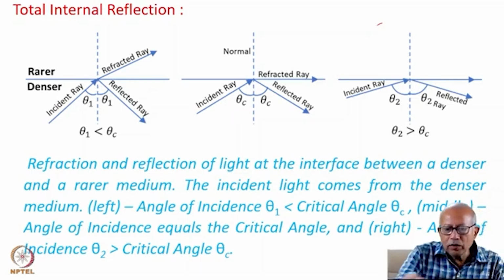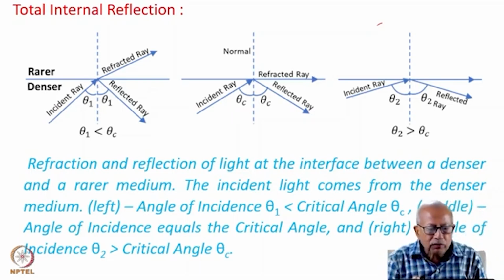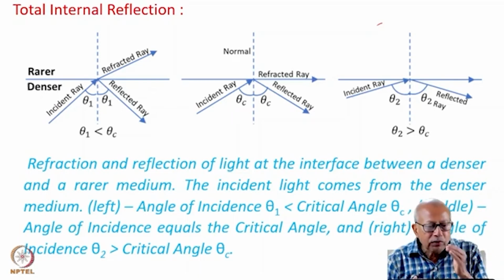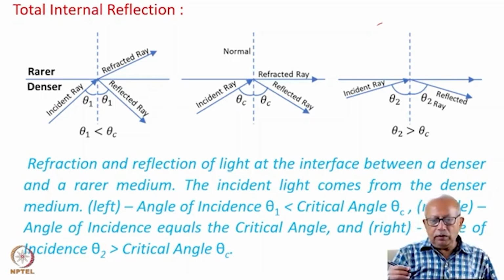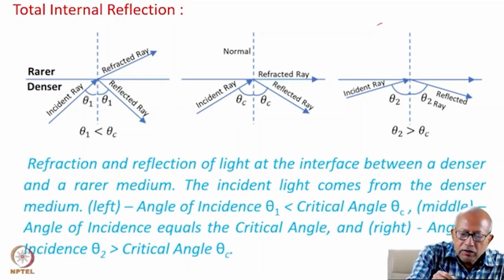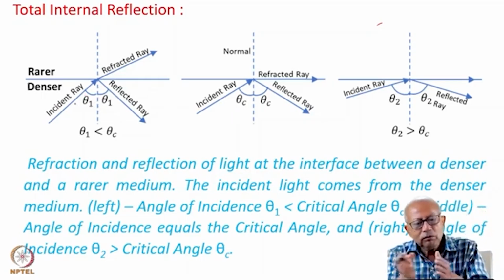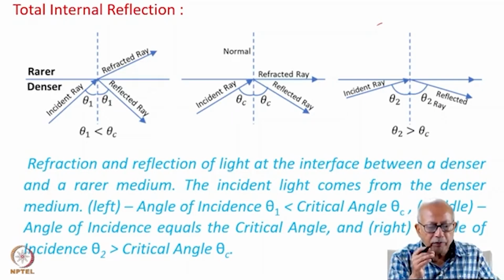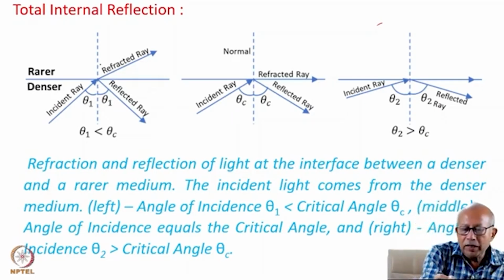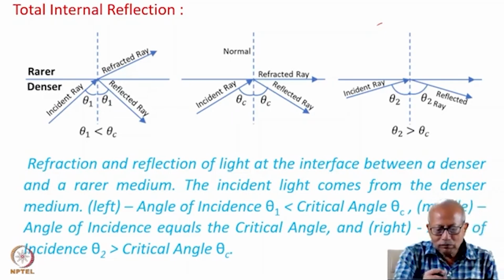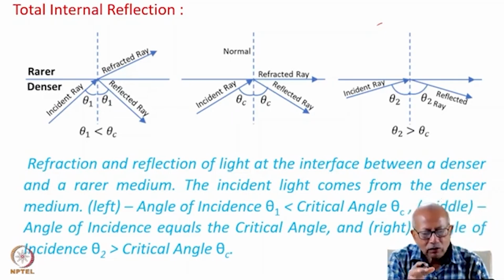Three situations have been depicted here, where the light is traveling from denser to rarer. For most of the incident angles, it bends away from the normal and follows Snell's law.